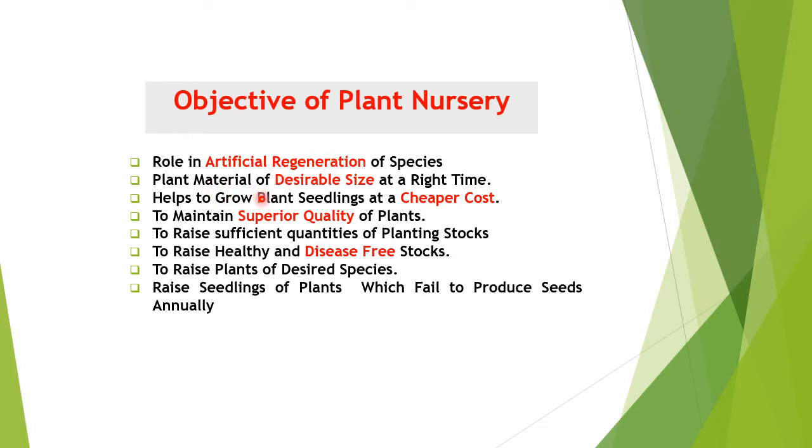Plant material of desirable size at a right time. So you are getting a plant material at the time when you need it for planting and of desirable size. It helps to grow plant seedlings at a cheaper cost to maintain superior quality of plants.